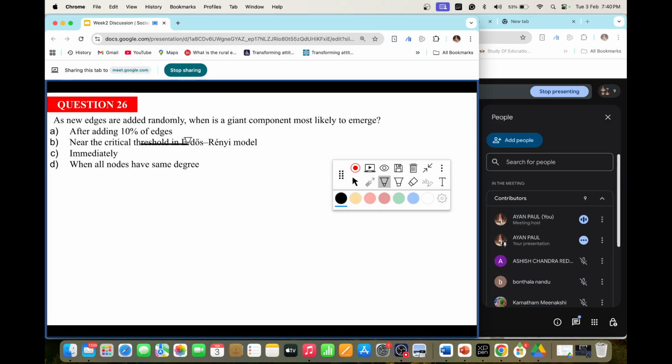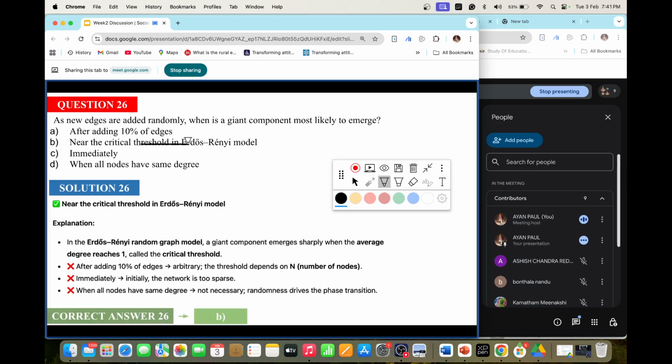Near the critical threshold in the ER network, that will be correct, right? Because near the critical threshold, your k value approaches 1, and at the critical threshold a giant component is most likely to emerge. So this is the concept.